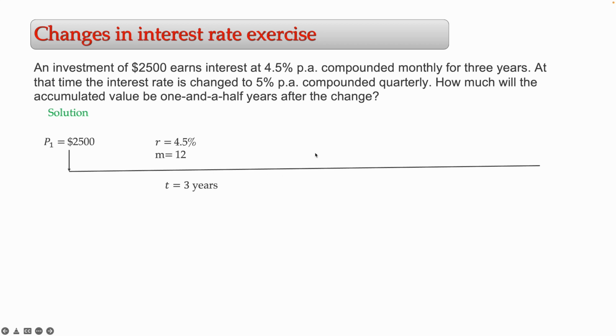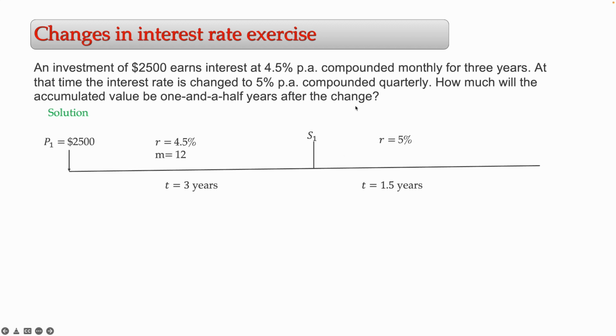After that happened, there was a bigger amount. The money has earned interest, and this bigger amount will be the future value of this situation. This future value will be the present value in the second period of time, when there is a different interest. So it will be another period of 1.5 years. In this period, the interest was different.